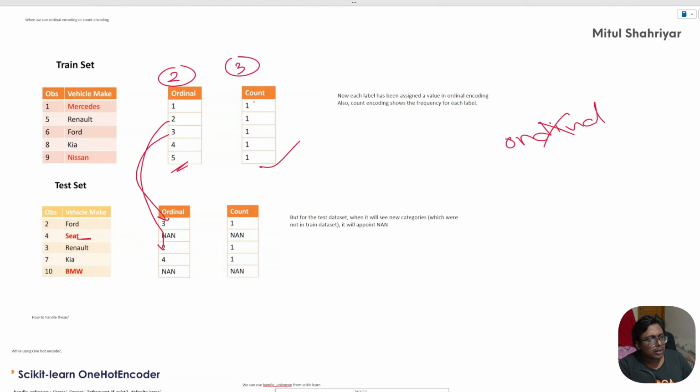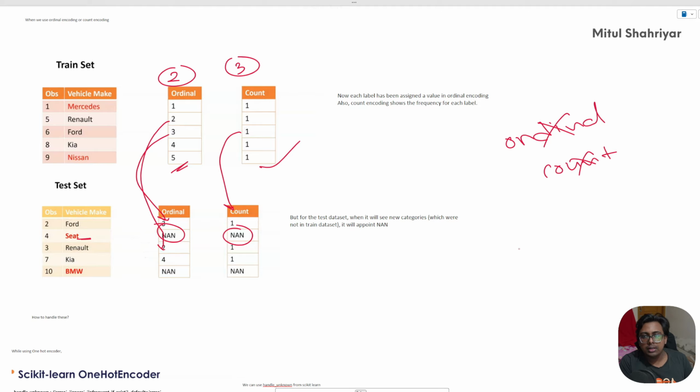And you may ask, why haven't we divided that by 5? That's not an issue. It can be a pure number or a fraction, a floating number. Again, you can see for Ford, it is one, obviously, because it was one here. For the unseen ones it is not a number. That means it is again failing. It is failing for the count as well because we are unable to deal with these invisible things.